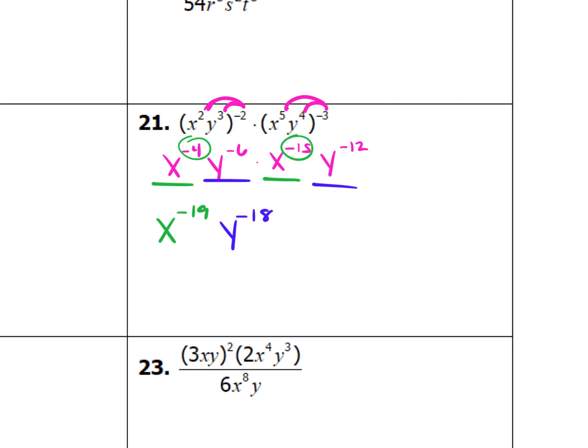Because you can't leave negative exponents. And then the denominator needs to be -18. Oh, sorry. Positive 18. So you're going to move them down. X to the 19th, y to the 18th. What goes on top? A 1. If it moves everything down and there's nothing left on top, there's a 1 on top. Okay? So this would be your final answer.